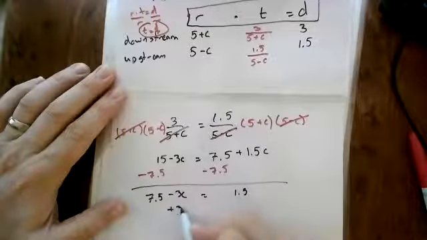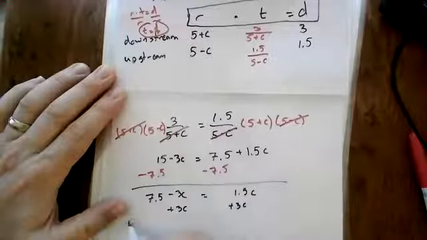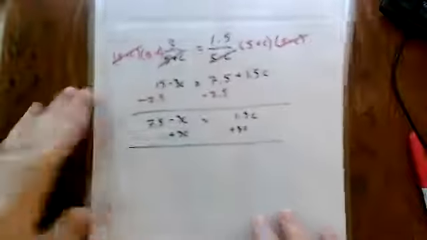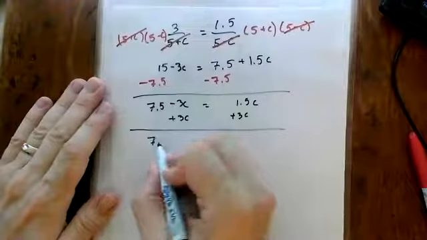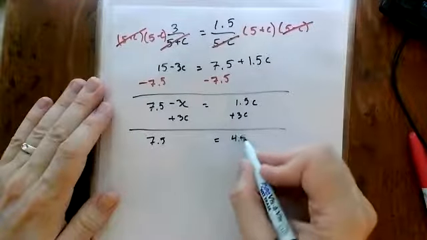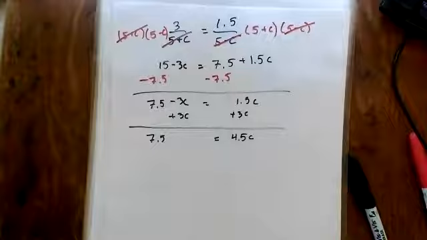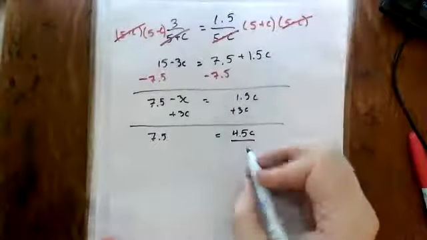I'll add 3c to both sides. So I'll have 7.5 is equal to 4.5c. When I divide, I'll divide both sides by 4.5.